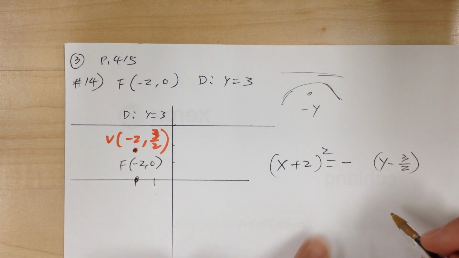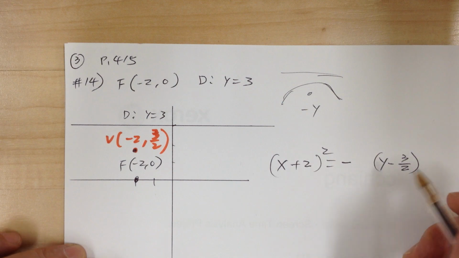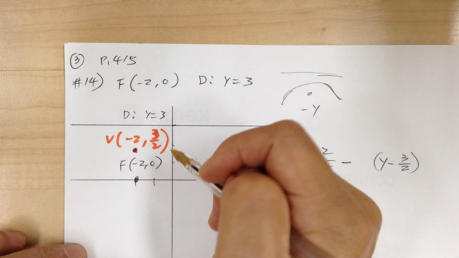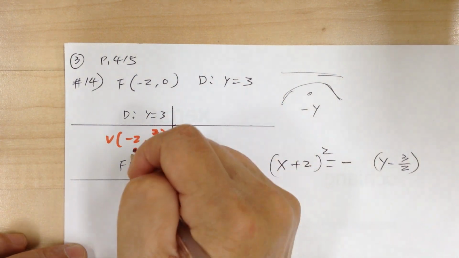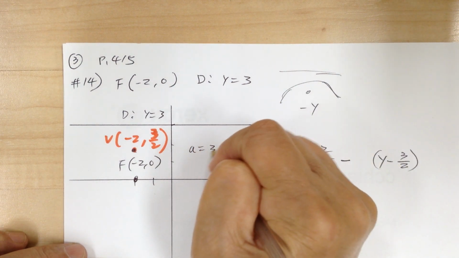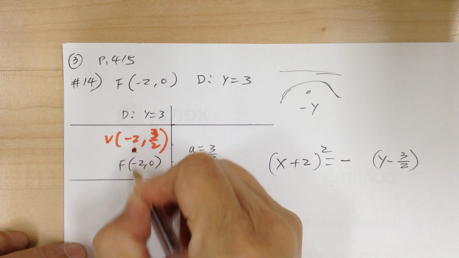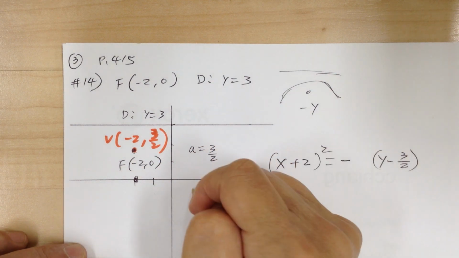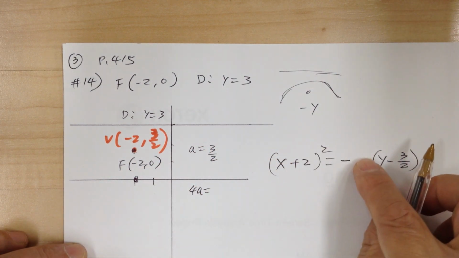The next step is you figure out the a. From here to here, a is equal to 3/2. Again, a is the distance, and 4a is this number over here.